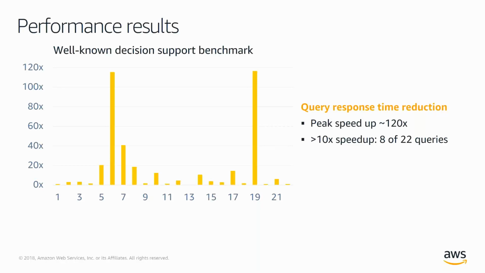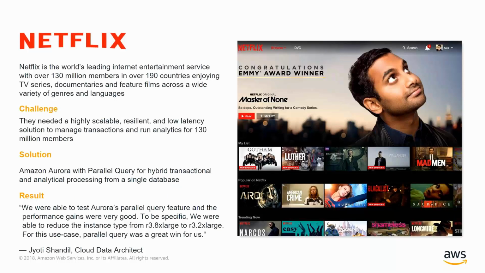And then 8 out of 22 of those queries had better than a 10-fold speed increase. So again, very powerful. And so with that, Netflix, another one of our customers, was able to leverage Parallel Query, and they were able to use it for their hybrid transactional analytical processing database.